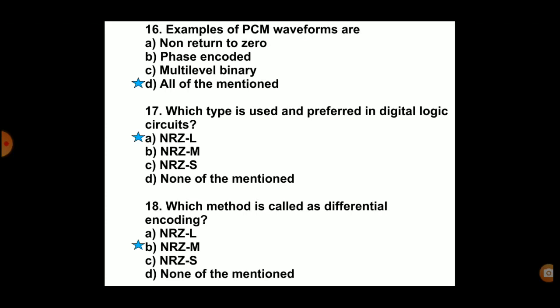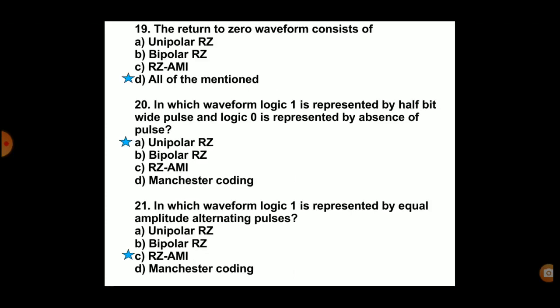Which method is called as differential encoding? NRZL, NRZM, NRZS, none of the mentioned. Correct answer is NRZM. The return to zero waveform consists of unipolar RZ, bipolar RZ, RZ AMI. All of the mentioned. Correct answer is all of the mentioned.